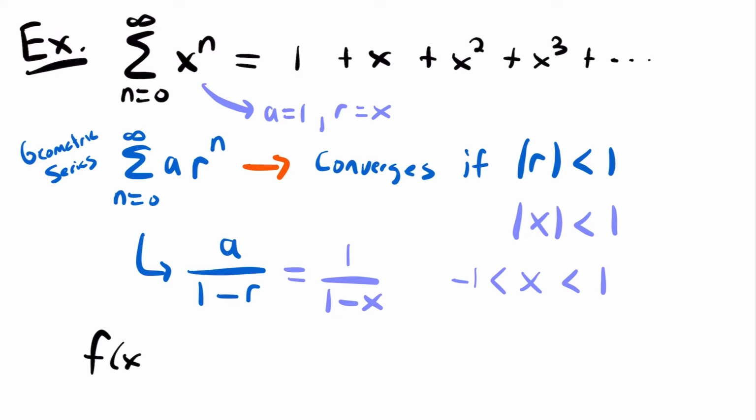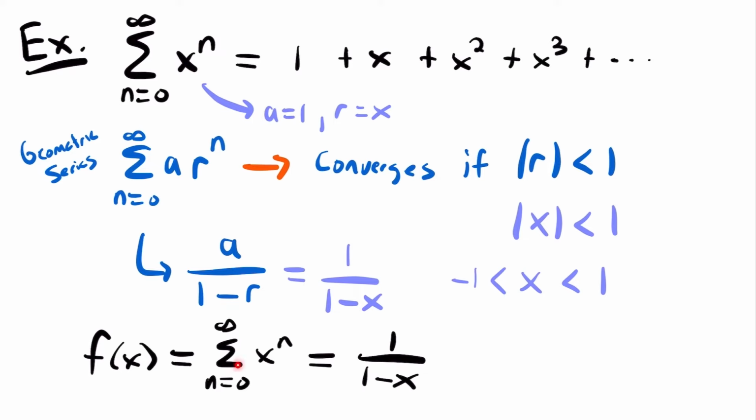So f of x is equal to the sum from n equals 0 to infinity of x to the power of n. This power series represents a function f of x, and the sum of that series is 1 divided by 1 minus x, because this is in the form of a geometric series, and so the function f of x that this power series represents is 1 divided by 1 minus x.